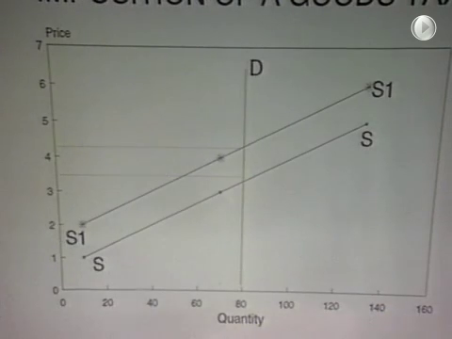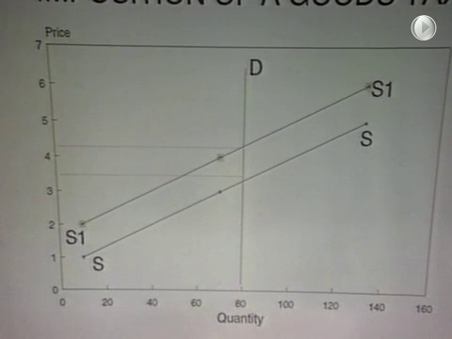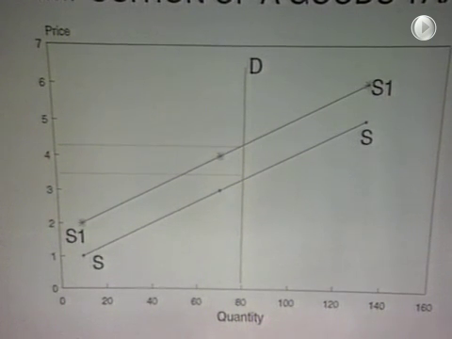So if the government imposes a goods tax in this situation, and as a result the supply curve shifts upwards, then the quantity traded, the new equilibrium, remains the same, and the only thing that has changed is the price that the good is traded at.